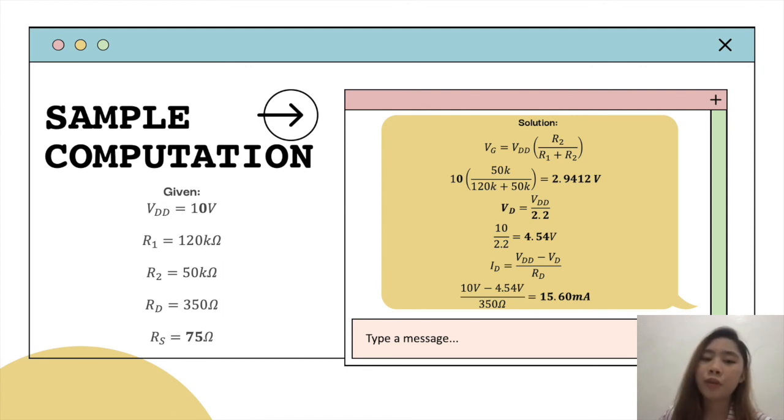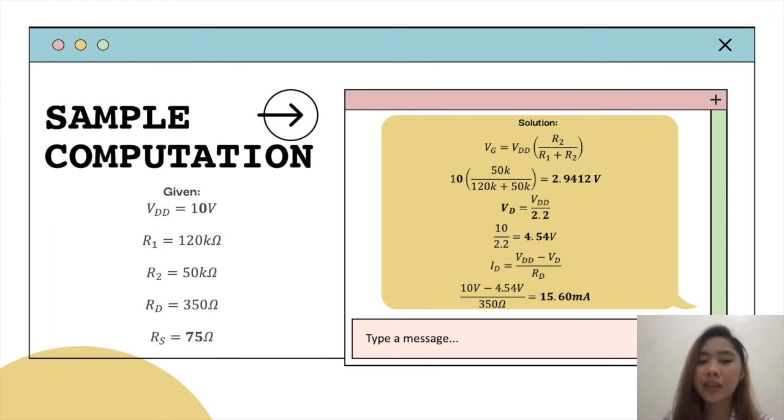So, when we compute the value of VG, we will use the formula VDD multiplied by R2 over R1 plus R2. Substituting the values, we will have 10 multiplied by 50 over 120 plus 50, and the resulting value is 2.9412 volts.